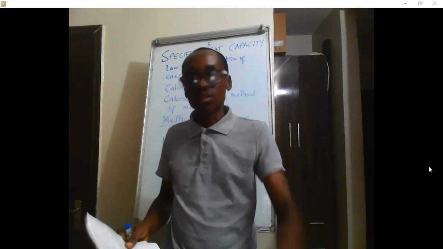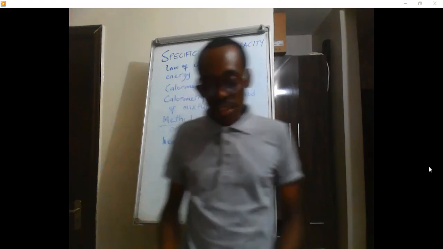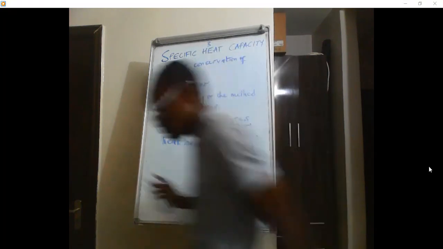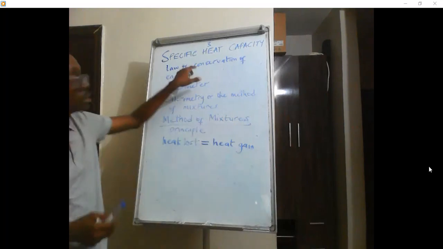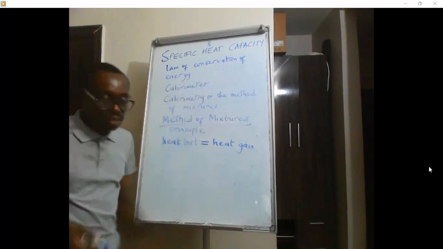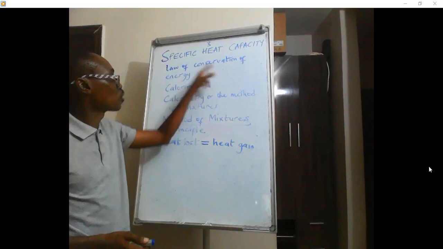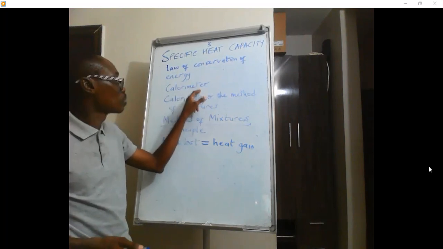Let me just quickly explain one or two things here. The measurement of the specific heat capacity of a body is based on the law of conservation of energy. The device that is used is called the calorimeter.